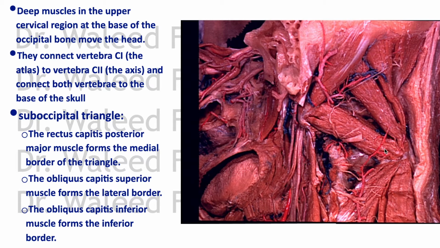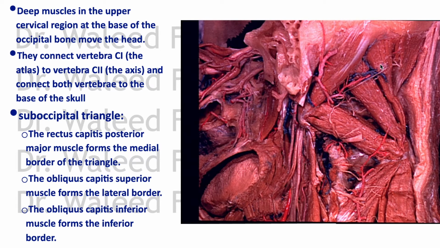The floor or inferior boundary of the triangle is the inferior oblique or the obliquus capitis inferioris. As you can see, it takes from the spine of the axis to the transverse process of the atlas. So it connects vertebrae together.